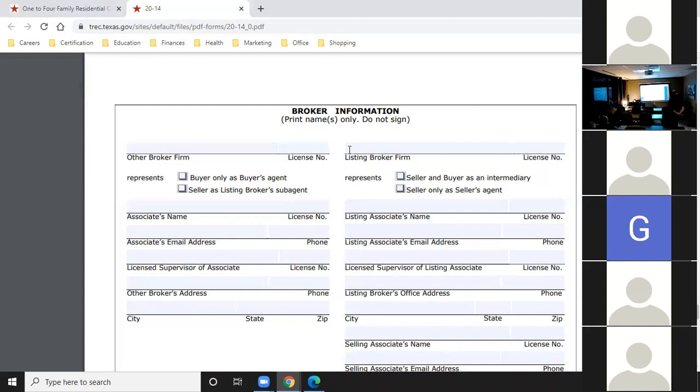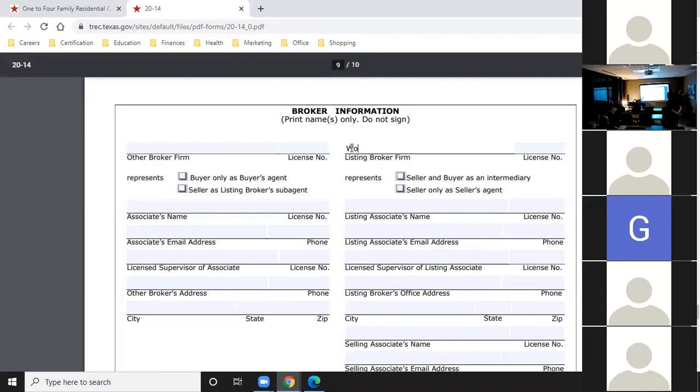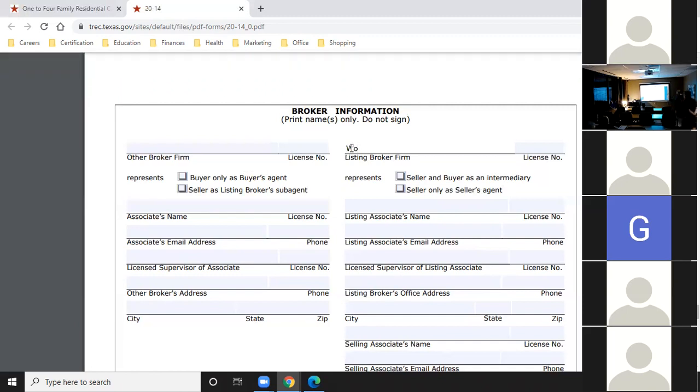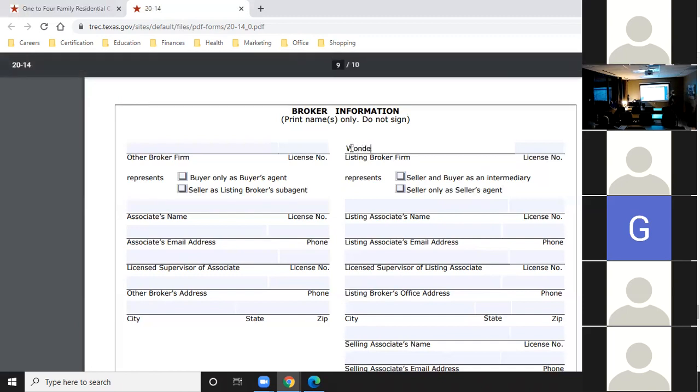So Mr. Grossman, he is the listing agent. So who is Mr. Price with? What broker is Mr. Price with? He's with Wonderful Properties. Okay, so Mr. Grossman, where does that go, sir? There you go. He's with Wonderful Properties.